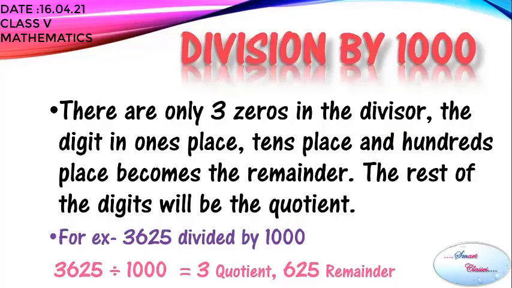So, 625 together will become the remainder. What is left now? 3. Only 3 is left. So, 3 is the quotient and 625 is the remainder.